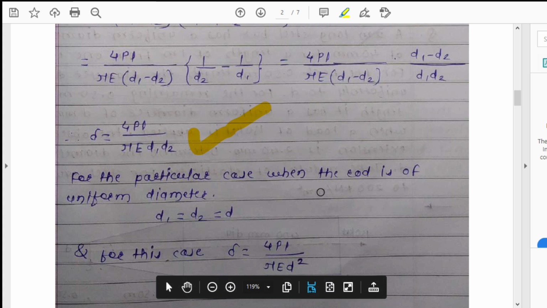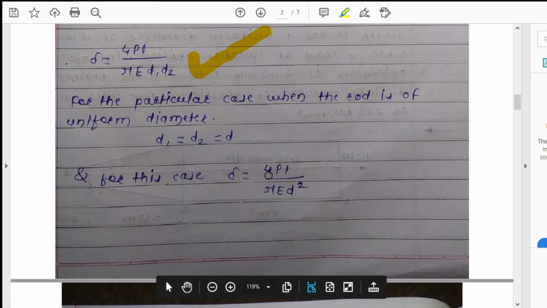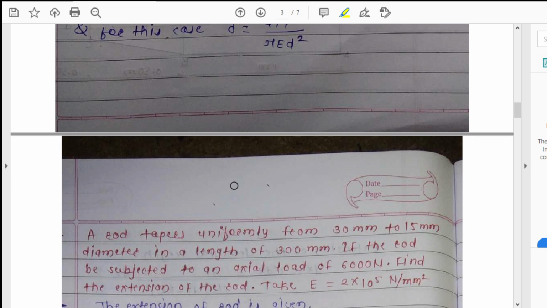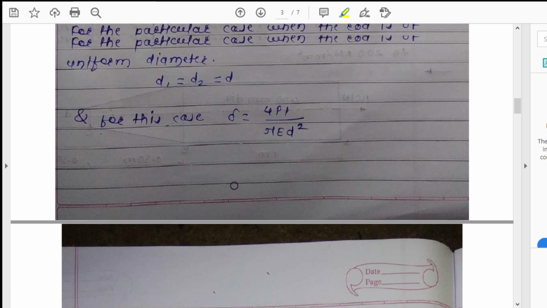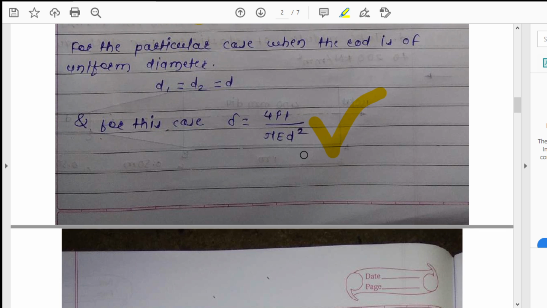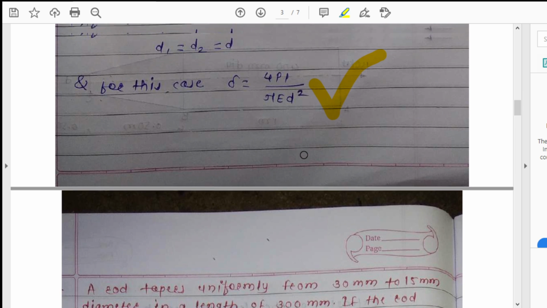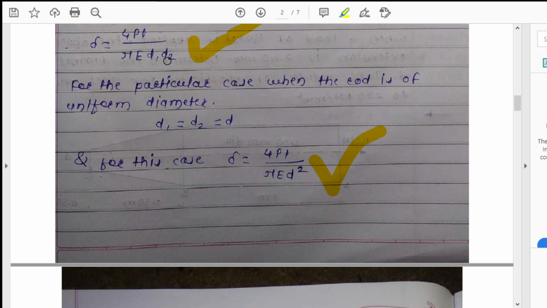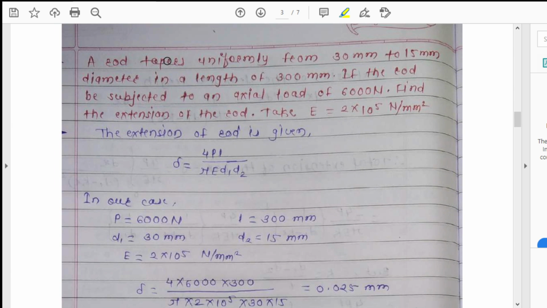Delta is nothing but your extension. You have to remember this formula, 4PL upon pi E d square. And if d1 is not equal to d2, the formula will be 4PL upon pi E d1 d2. Okay, now we'll move further to the numericals.